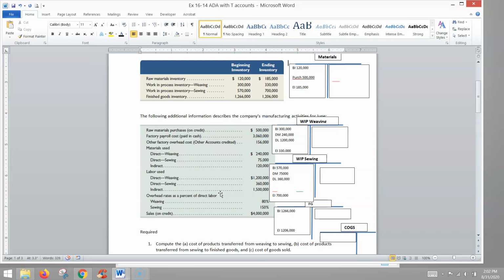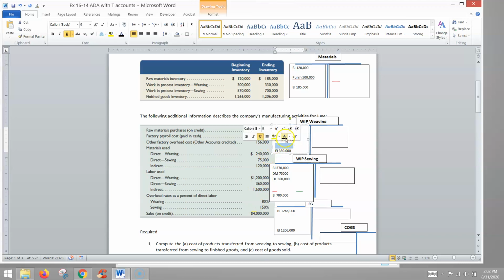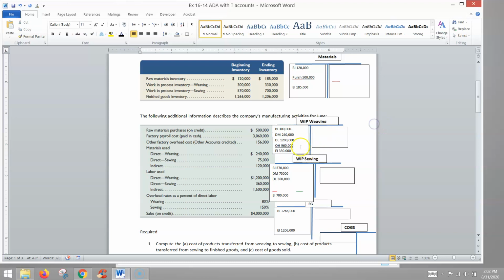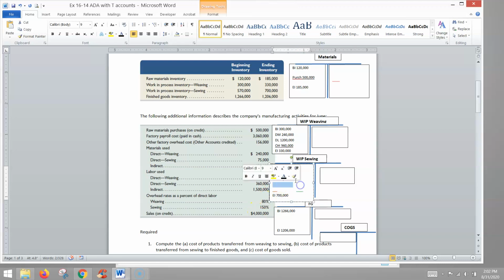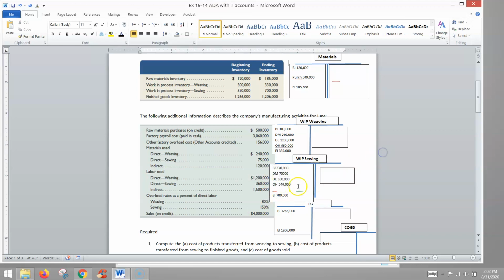For weaving, the direct labor of 1,200,000 times 0.8, or 80%, gives us $960,000 for overhead. For sewing, the direct labor of 360,000 times 150%, or 1.5, gives us 540,000.